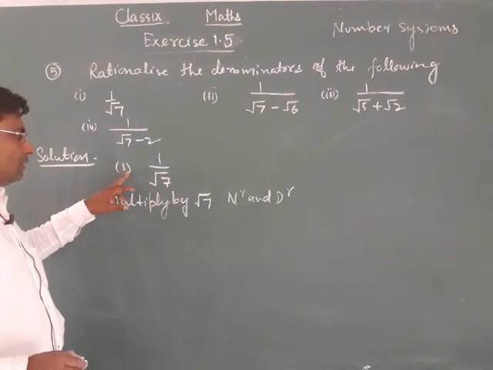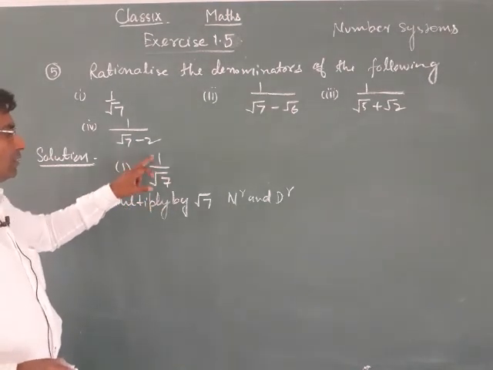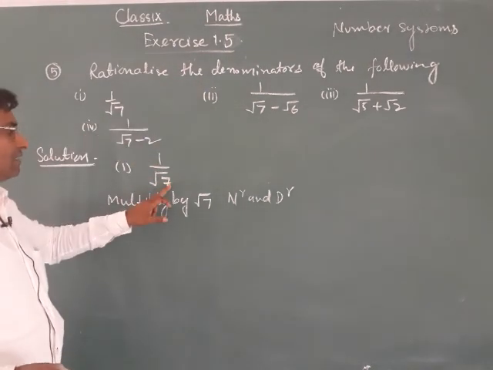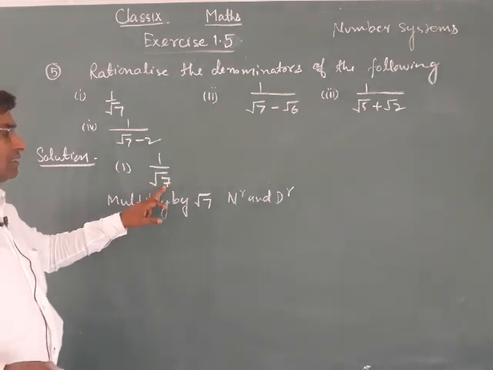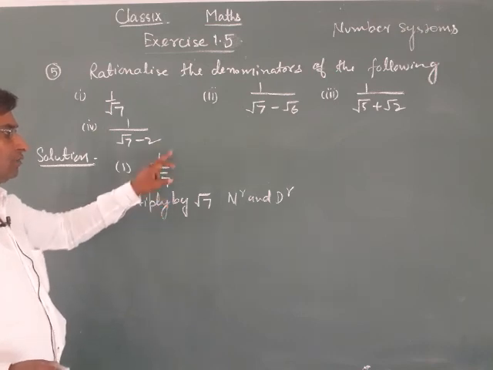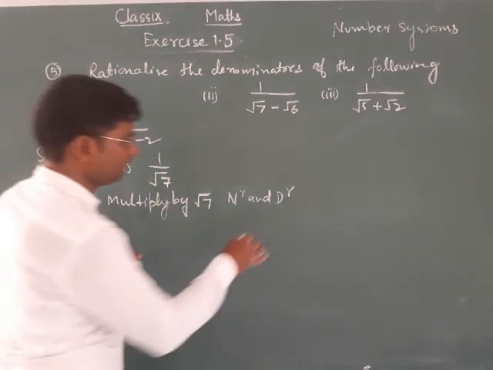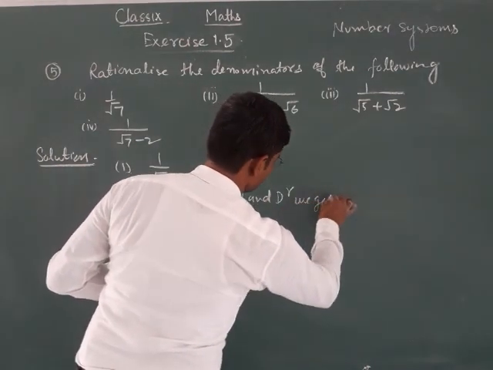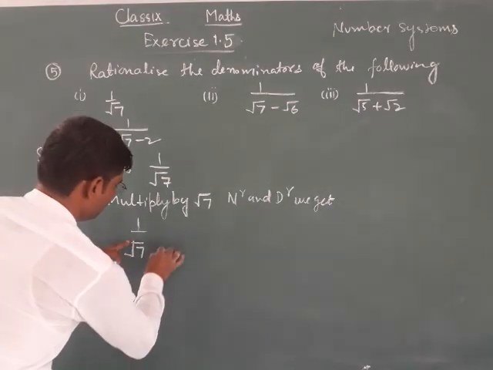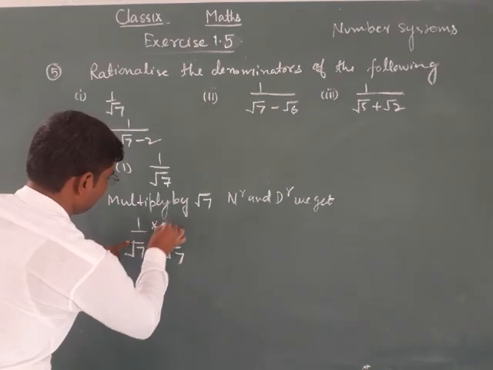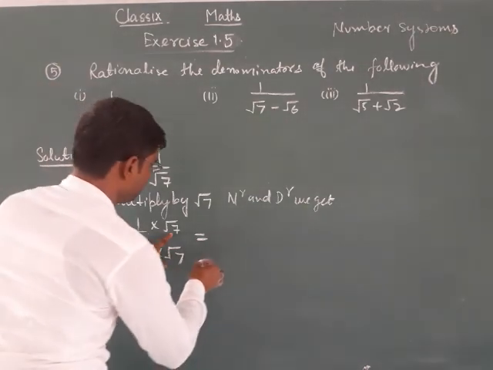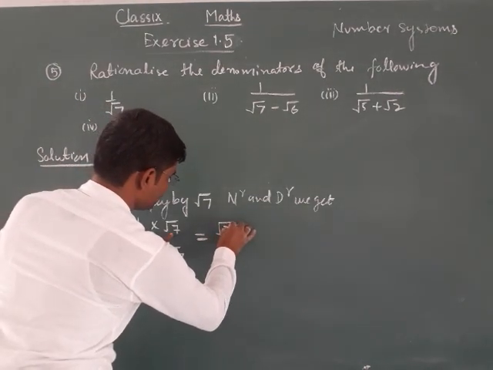So the given question is 1 upon root 7, and we rationalize the denominator. We multiply the numerator and denominator by root 7. So 1 upon root 7 multiplied by root 7 upon root 7 is equal to 1 into root 7, which gives root 7.